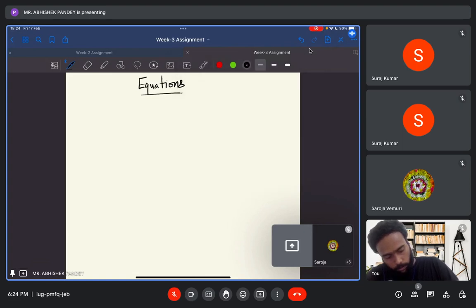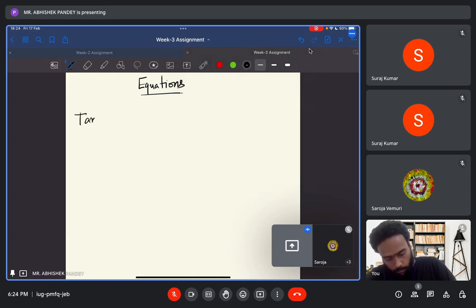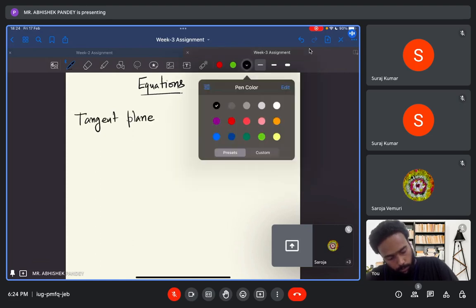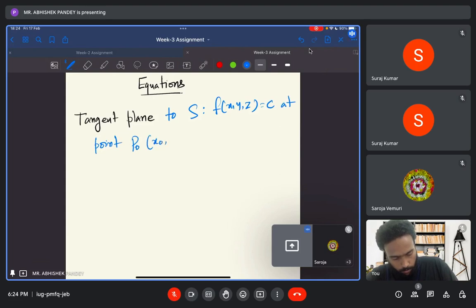Equations. Let us see. So, tangent plane to surface S. This surface is f of x, y, z equals c at point P naught, let us say x naught, y naught, and z naught.